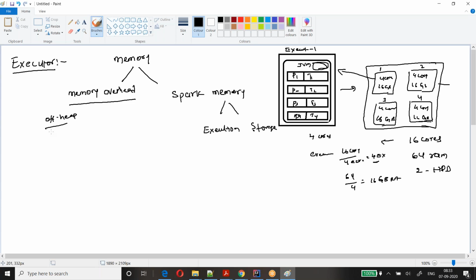Now, the caching data outside your JVM memory, what does it actually require? Suppose you have done some caching apart from your main Java heap space, but it still uses the RAM. Ultimately, every memory will be RAM only. The off-heap memory avoids the cache overhead on JVM garbage collection.